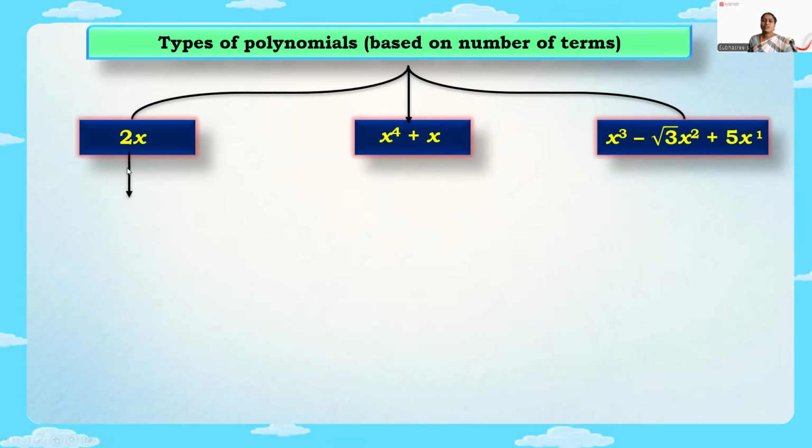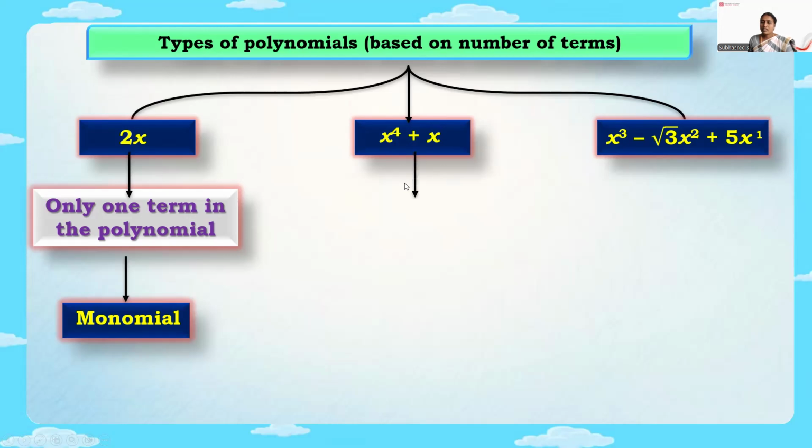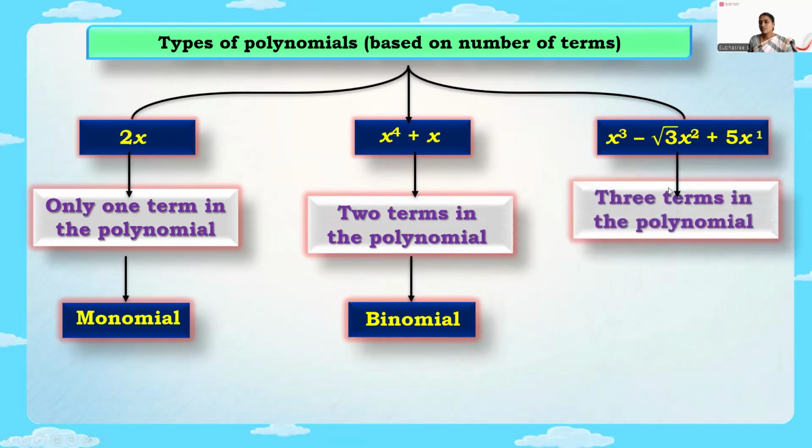See, when you go for 2x, it is having only one single term. It is named as monomial, having only one term. Also you can see, check out, right? Next, here it has two terms in the polynomial. So it is called as binomial. Next, it is having three terms.